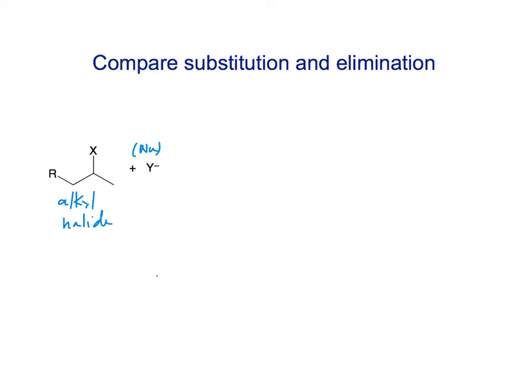In this reaction, the nucleophile displaced the leaving group in either a single step or in two steps to generate a substitution product plus the leaving group. So this is the leaving group. Here's the nucleophile. This is the product. Remember, we talked about solvent, and this is a substitution reaction.